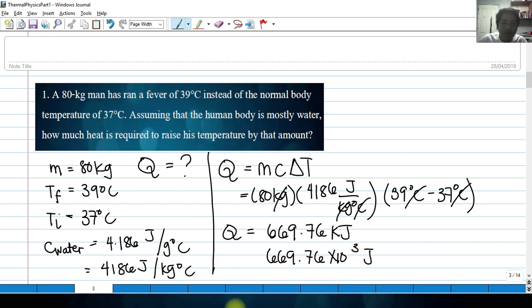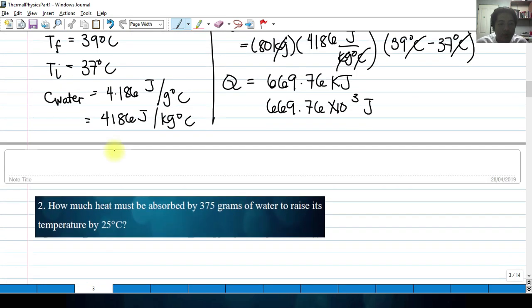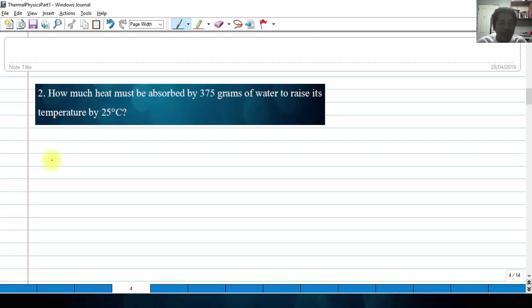That should be our answer. Note that the specific heat of water is not given, so it is assumed that the students know the specific heat of water. So number 2: how much heat must be absorbed by 375 grams of water to raise its temperature by 25 degrees Celsius?